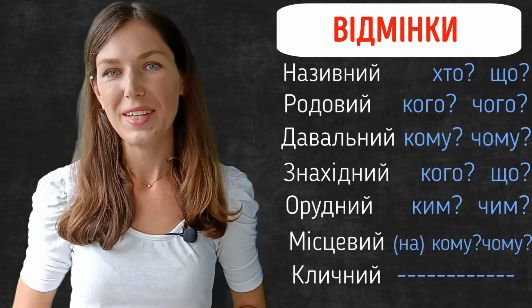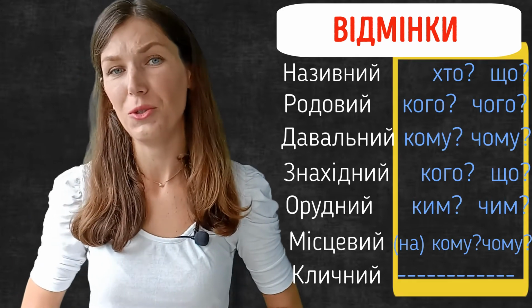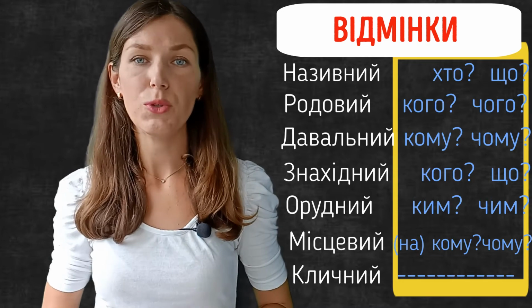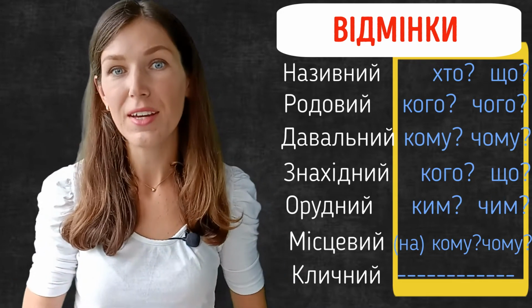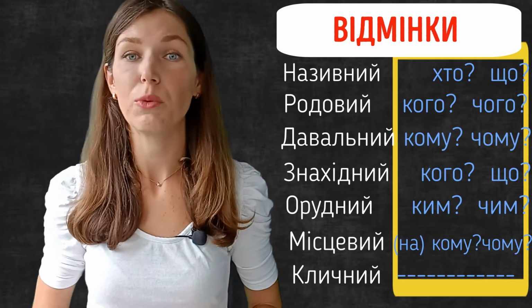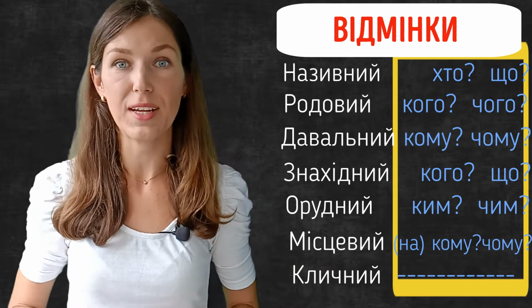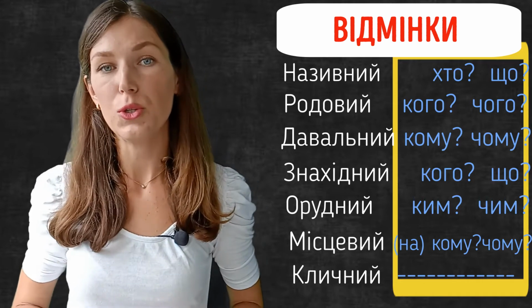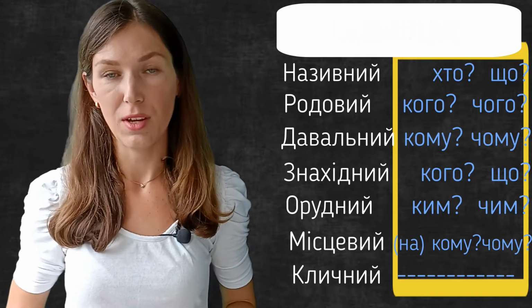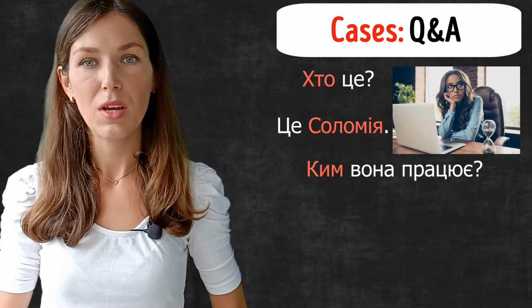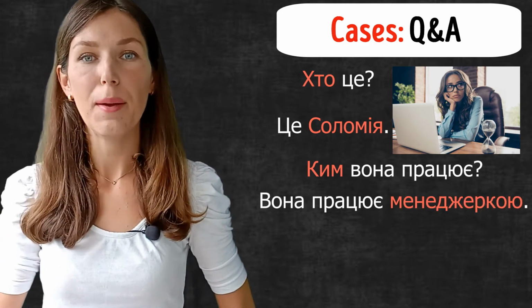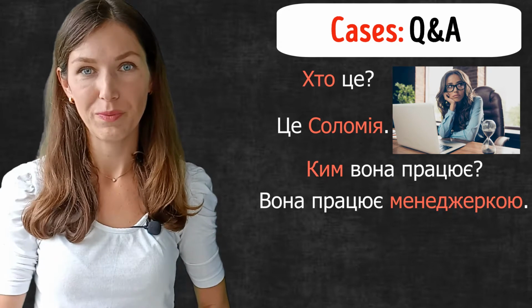Probably now these questions tell you nothing. But if you see the questions which start from exactly these question words, this might help you to understand which case you need to use answering this question. For example, хто це? Це Соломія. Ким вона працює? Вона працює менеджеркою.